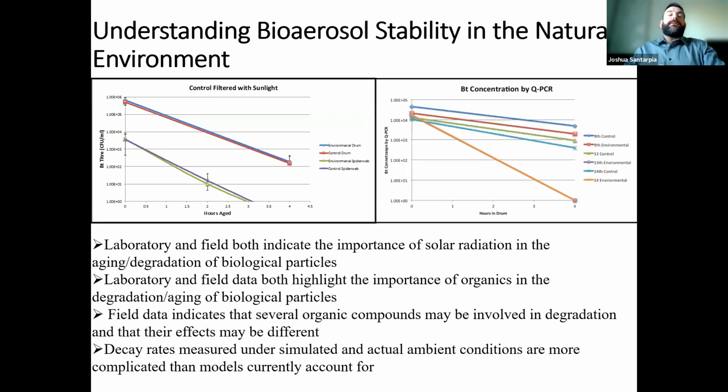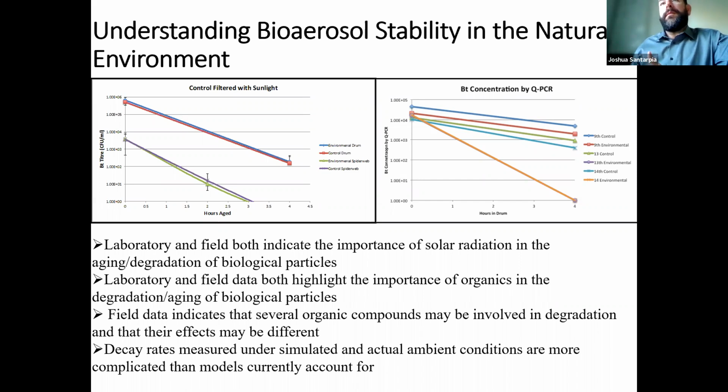And so coming back to a little bit of what Alex said a minute ago with regard to false negatives, real-time fluorescence in particular is impacted not only by the intrinsic properties of the bioaerosols, but those properties, the structures of the amino acids, the other fluorescent molecules can be changed enough that they no longer fluoresce in the same way once they've been exposed to an outdoor environment for some period of time.